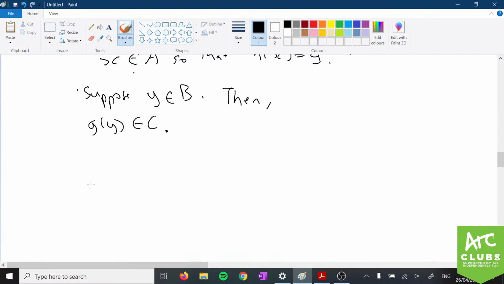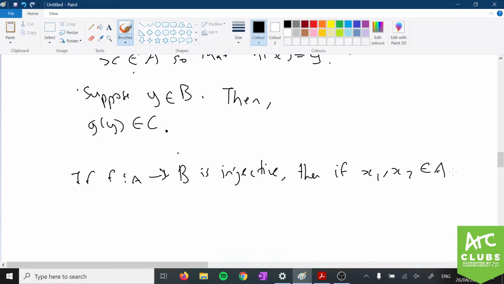The formal definition for injectivity is: if f from A to B is injective, then if x1 and x2 are in A and f of x1 equals f of x2, then x1 equals x2. In other words, if the outputs are equal, the inputs must be equal.